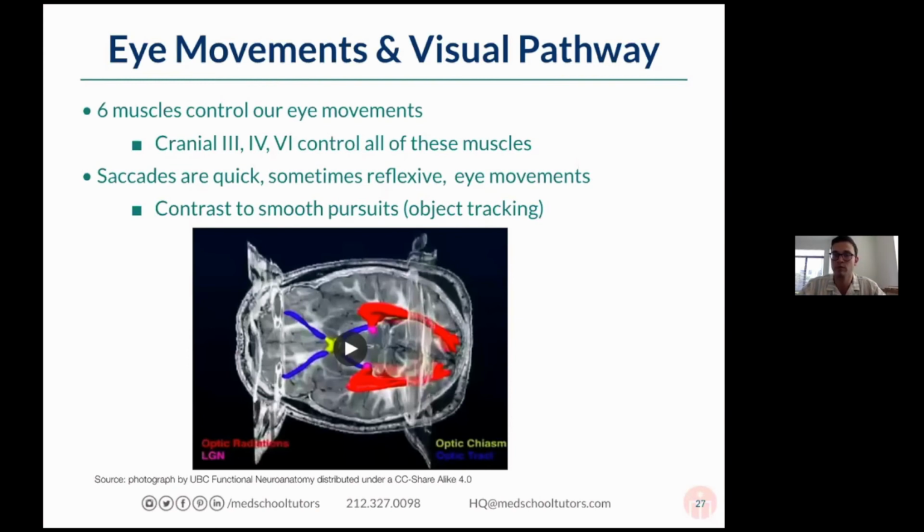So if cranial nerve 3 breaks, the classic description is down and out. If cranial nerve 3 is lesioned, all we have left is cranial nerve 6, which pulls the eye out, and cranial nerve 4, which does a teensy little bit of a downward direction for us. So if we lose cranial nerve 3 on that side, the eye's going to go down and out.